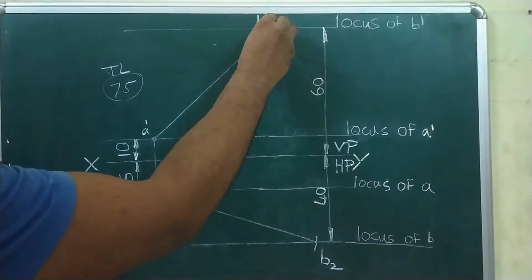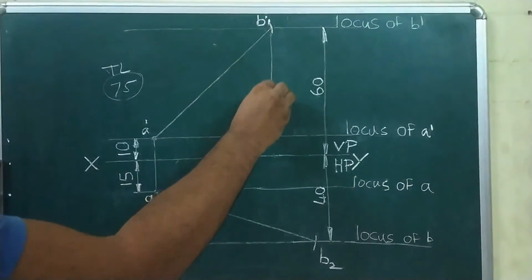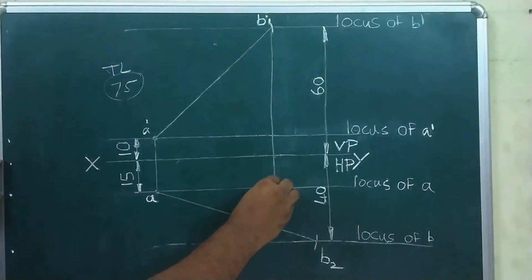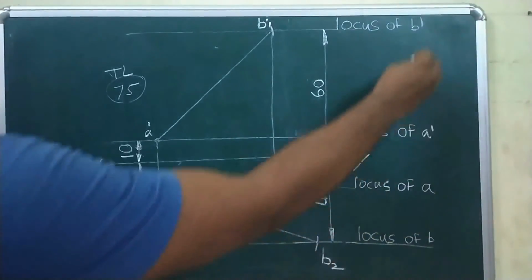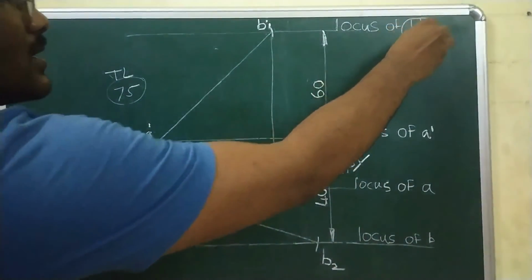From B1 dash, draw one perpendicular line up to the locus of A. Here is one trick.